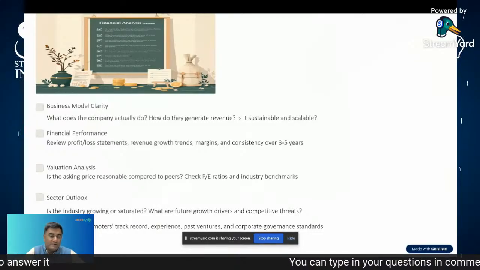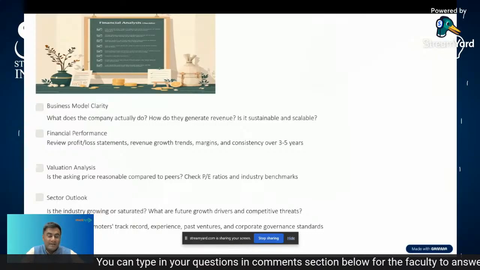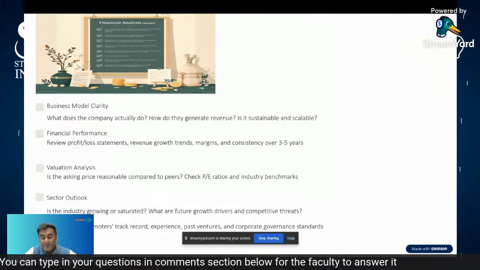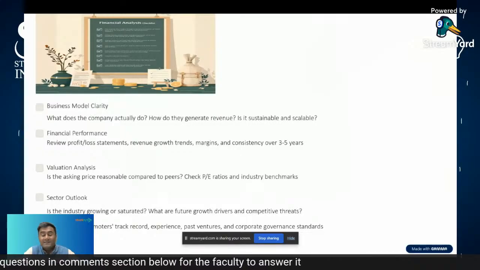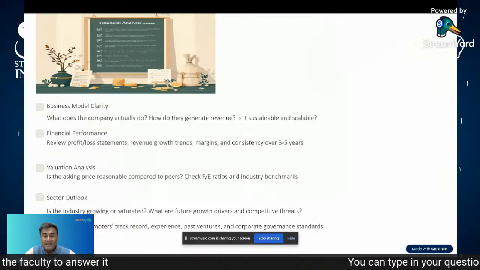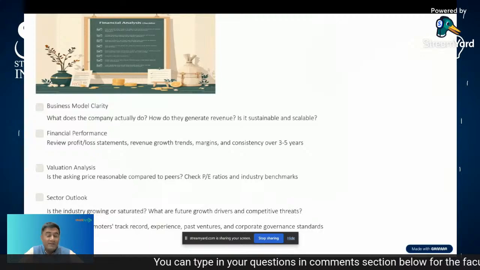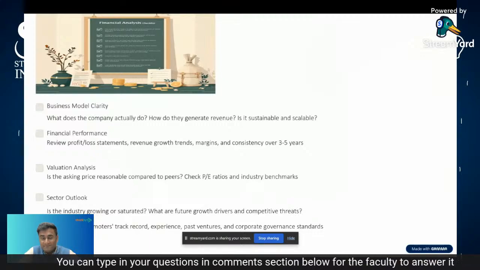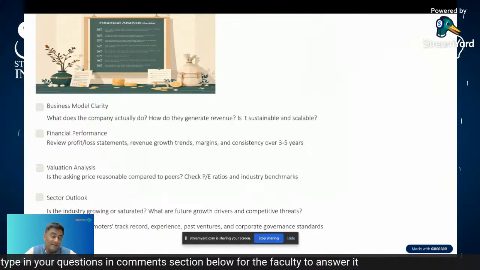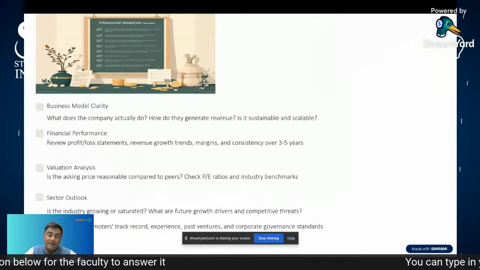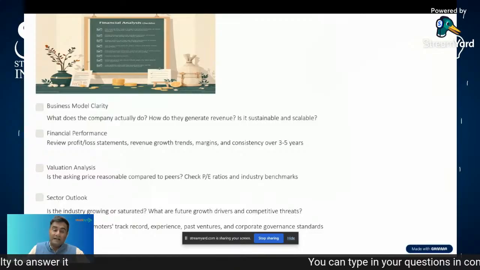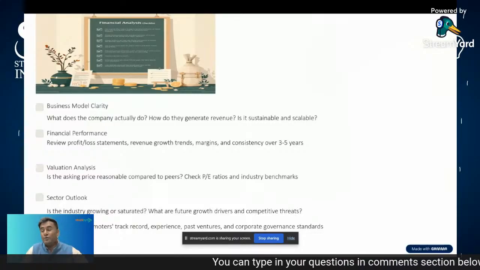If a company which is already listed has a certain price to earnings ratio, in comparison to that listed company, what is the new one, the IPO company, doing? Is it having a higher P/E ratio or a lower P/E ratio? Then obviously we need to compare the size as well. We cannot really compare a large cap with a micro cap that is getting listed.